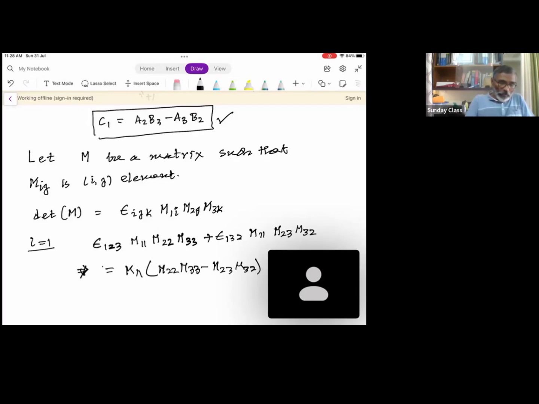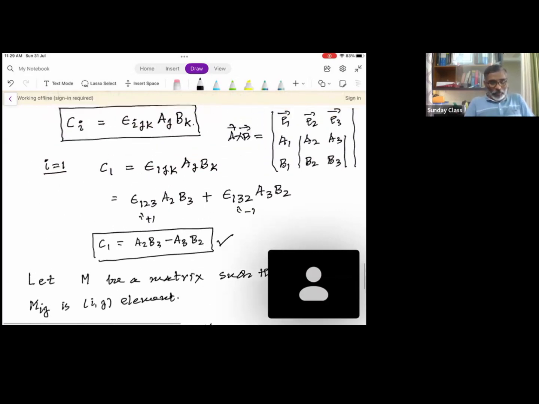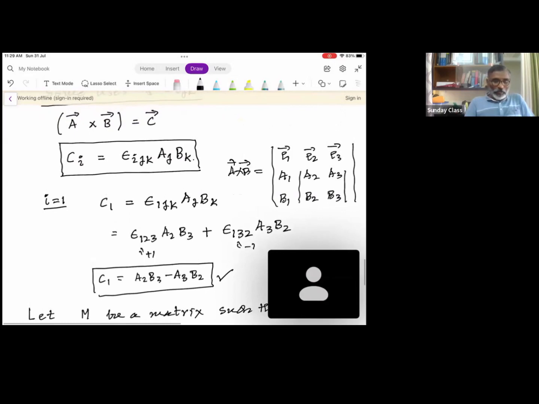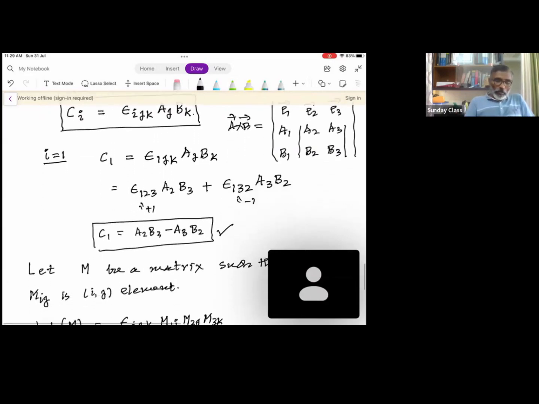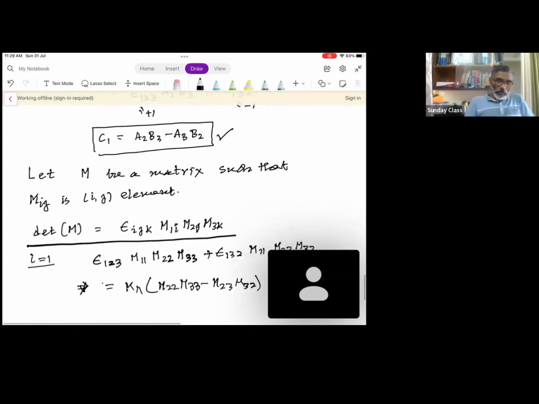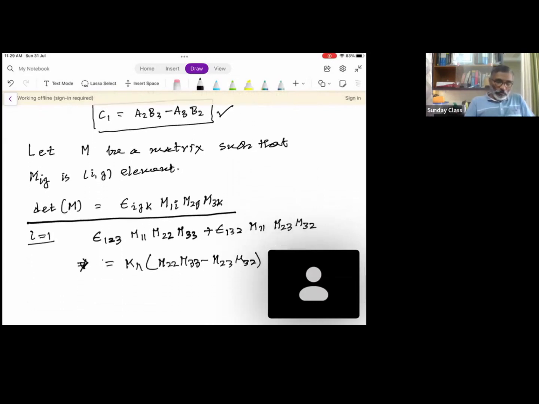If you take I is equal to 2, you will get the other term, and I is equal to 3, you will get the other term. So you can write down the determinant of a matrix in this fashion. It's not very different, because the cross product also has a determinant structure. So this is another use of this epsilon ijk.